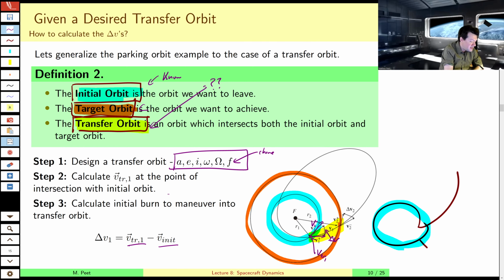Again, we use that solution from the previous lecture, lecture 7, where we used our orbital elements to calculate R and V. We've done that twice here, to calculate this number and this number. So that puts us onto our transfer orbit.